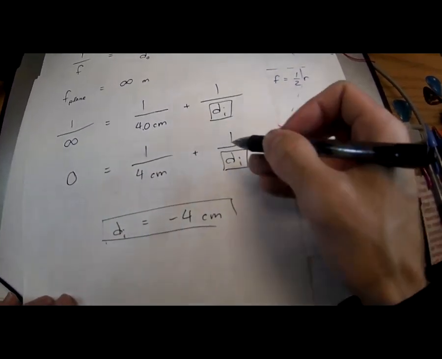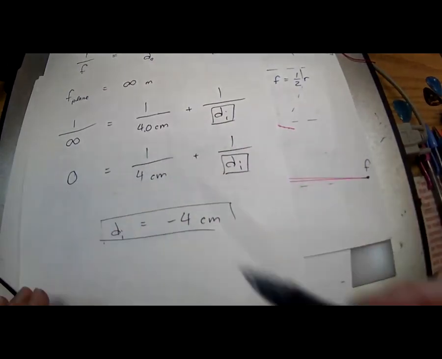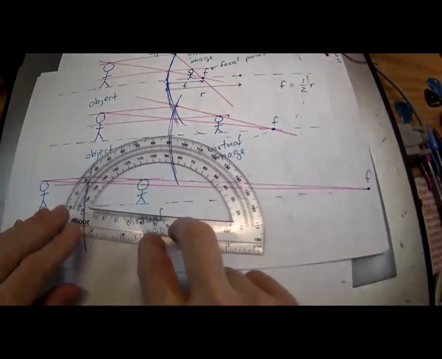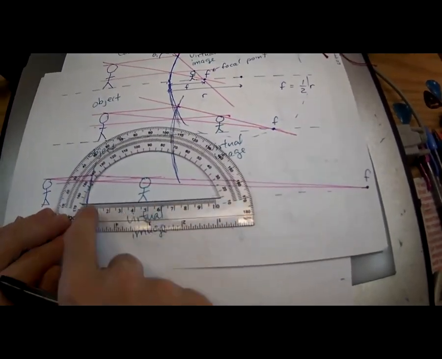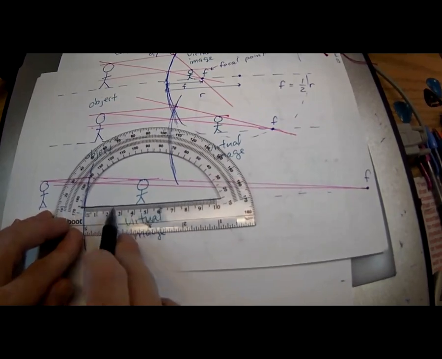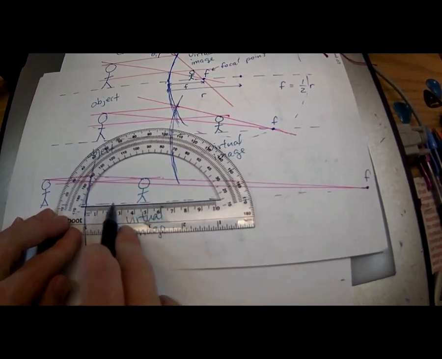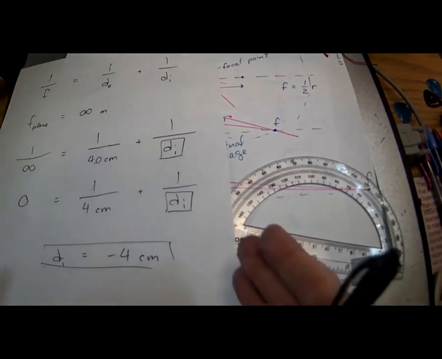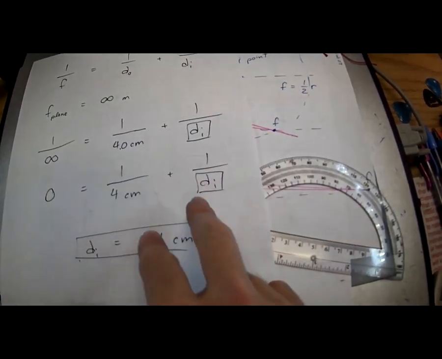Plug in -4 here, 1 over 4 minus 1 over 4, that would zero out. So I hope this image is about 4 centimeters over on the other side. Let's see how close. Yeah, that's pretty well 4 centimeters. I'm reading like 4.5, but pretty close to 4. If we're talking about a plane mirror, your image, of course, would be on exactly the opposite side from you.